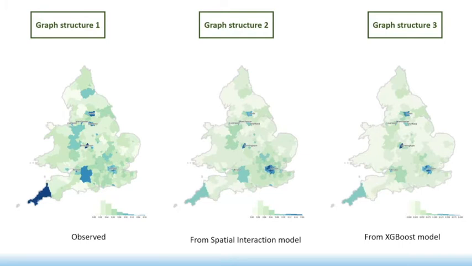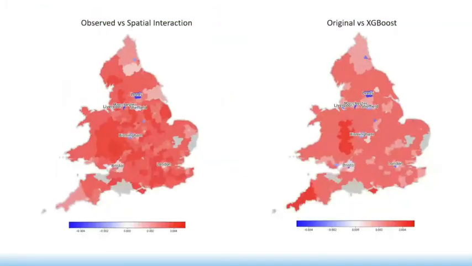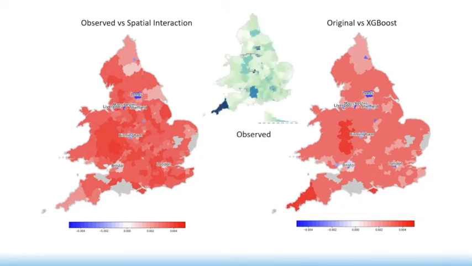Although the pattern seems to be similar at first glance, when we take the difference between the observed and the predicted importance, we notice that there is also a pattern in those differences. In all of the areas, the importance seems to be overpredicted, except those areas that indicate a very high importance in the observed flow network.